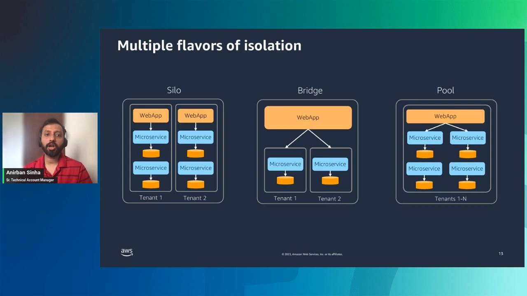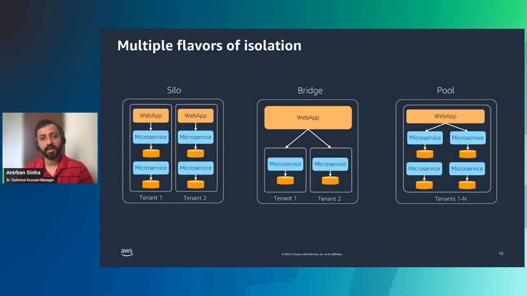So there are some common models you find us talking about. We have mainly three architectural approaches. On the left hand side, you have a silo where nothing is shared, but this will be operationally and cost wise inefficient.